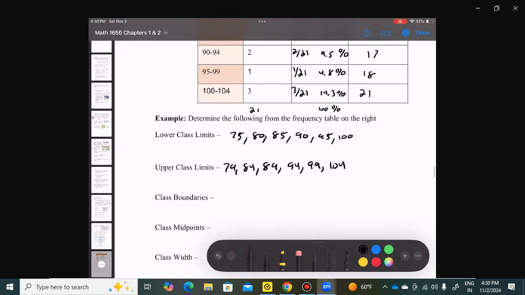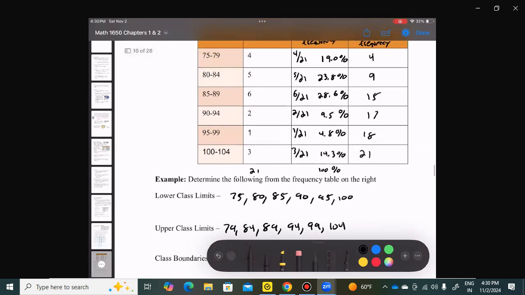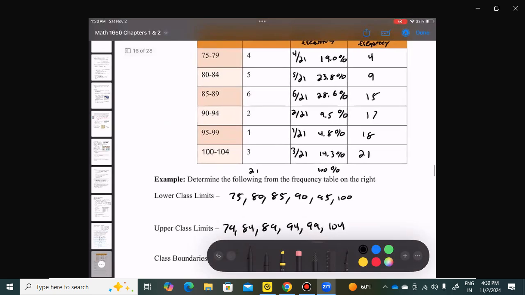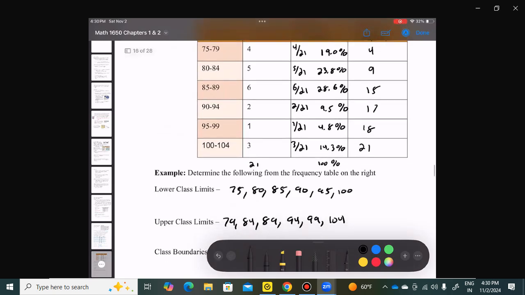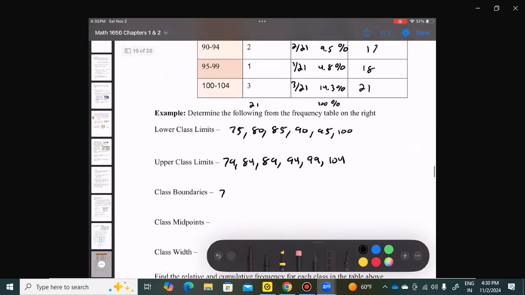Class boundaries. Again, we start right below the 75, and we know its class width is 5, so we'll add 5 each time. So 74.5, 79.5, 84.5, 89.5, 94.5, 99.5, and 104.5.